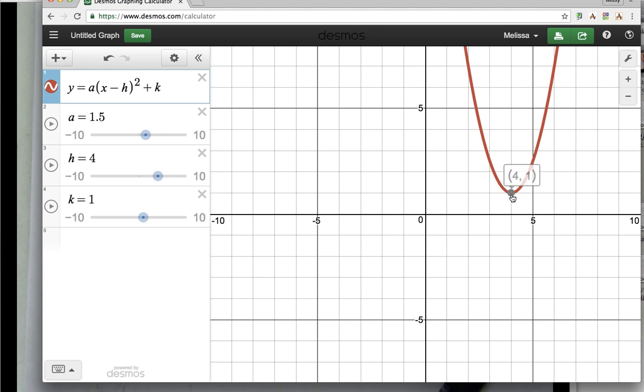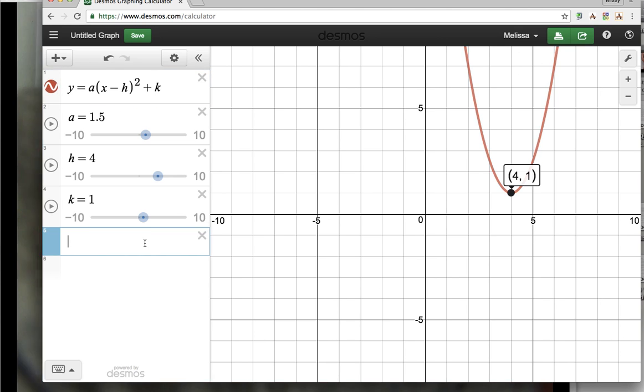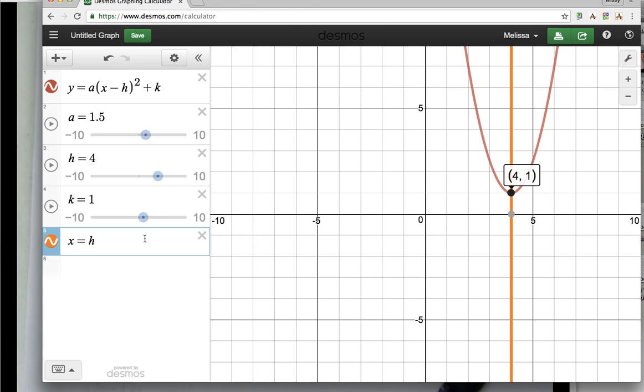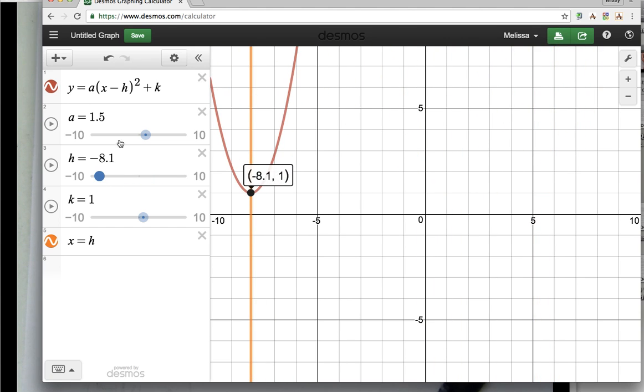It appears like the x value is 4 for that parabola. So x equals h. There's our axis of symmetry. Okay, so the h value, this is pretty handy. The h value tells you the axis of symmetry, and it also tells you the x value for your vertex.